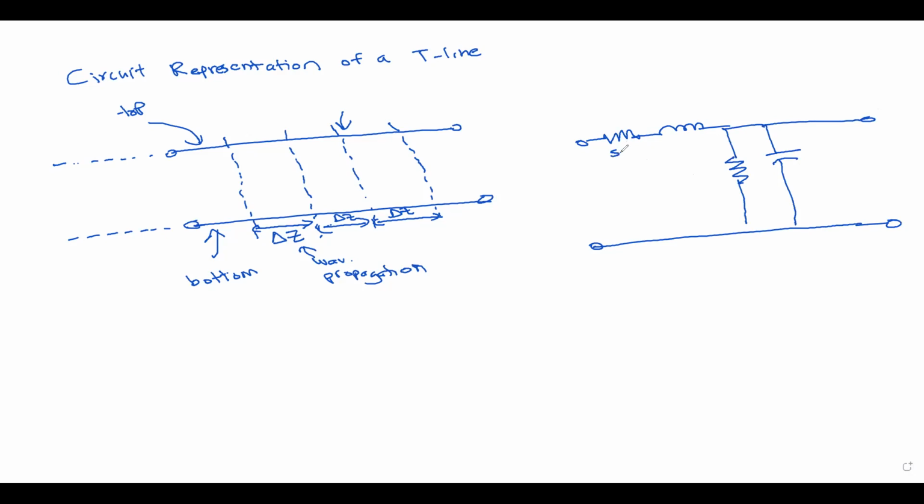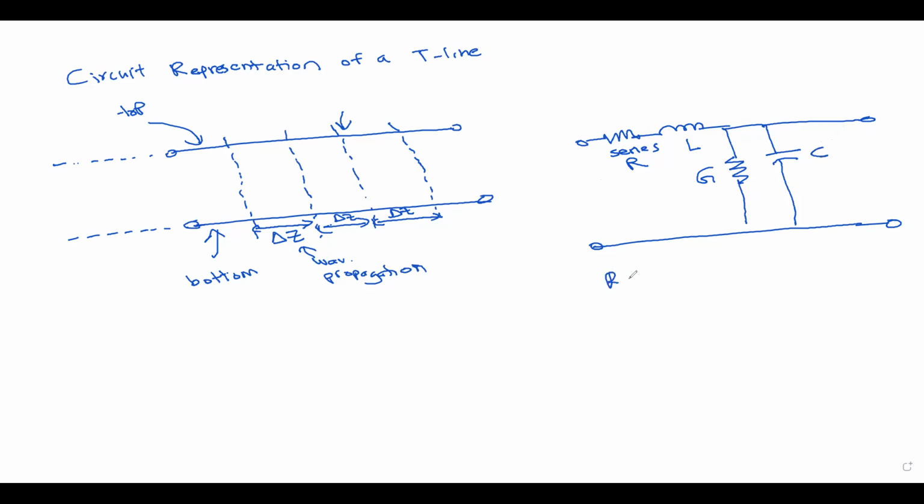The series resistor we denote as R, and the value of the inductor is denoted as capital L. The value of the parallel resistor, or the shunt conductance, we denote as G, and we denote the parallel capacitance as C.